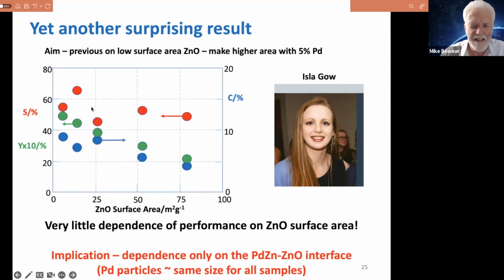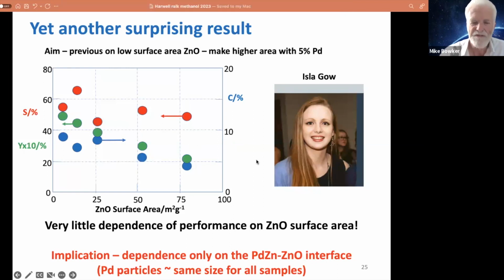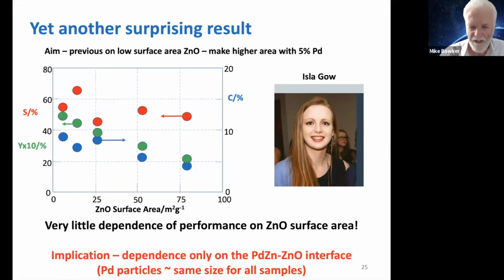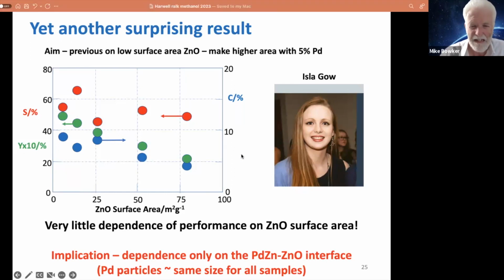And what you see is, if anything, there's a negative effect. But the most important point to me is that for at least a tenfold increase in zinc oxide surface area, there is very little effect on the yield, on the reaction properties. It may go down by a factor of 2 roughly in conversion.